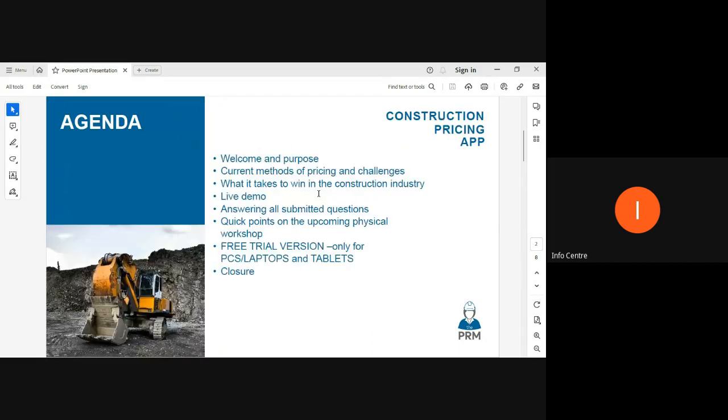So today we'll be discussing the current methods of pricing and associated challenges in the industry. We'll be looking at what it takes to win in the construction industry, specifically when it comes to winning bids. We'll be looking at a live demonstration of how you can make sure that you also have a method of getting rates faster and more reliably so that you can win bids.